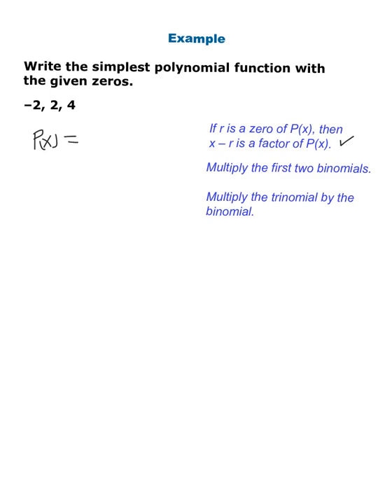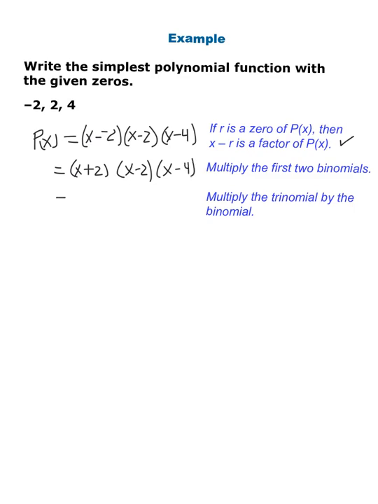So if I'm given these zeros, then x minus negative 2 is a factor, x minus 2 is a factor, x minus 4 is a factor, and I can simplify this. This is x plus 2 is a factor, x minus 2 is a factor, x minus 4 is a factor.